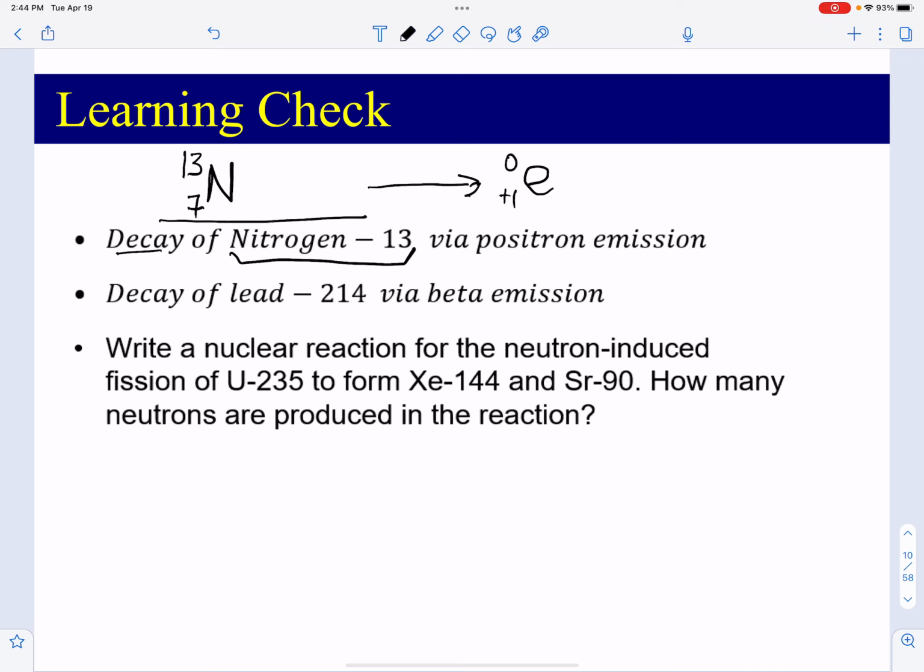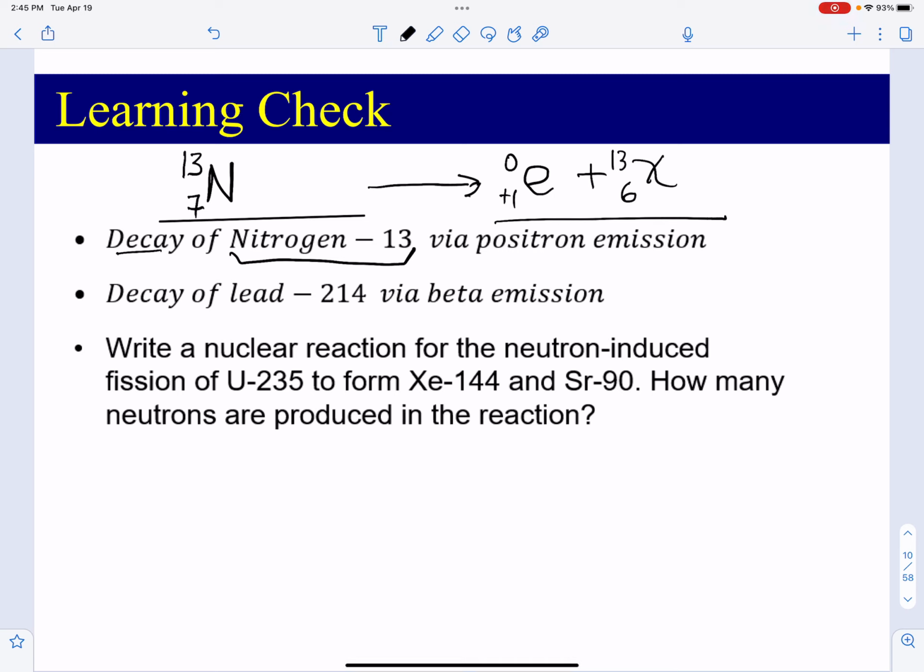And this side has to balance with this side. So on this side, the bottom number is a 7. On the other side, the bottom number is a 1. So I'm gonna have to add something with a 6 to make it 7. On top, I have a 13, and this is gonna be a 13 then.